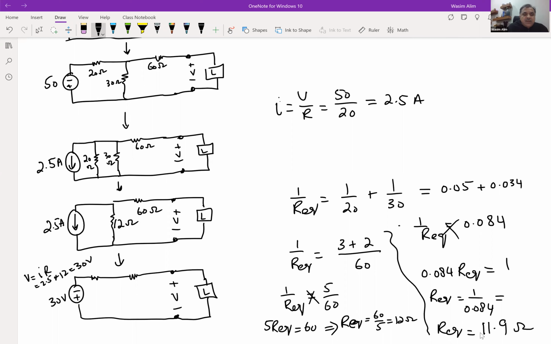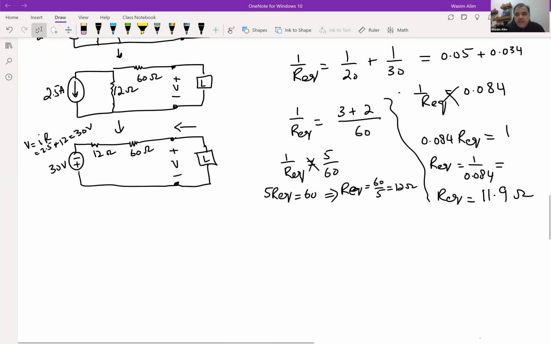And here I have the 12 ohm and 60 ohm resistors. The original question was, from the point of view of the load, what is the equivalent circuit in terms of the Thevenin equivalent and also the Norton equivalent? Now we are at the point where we have reduced it.